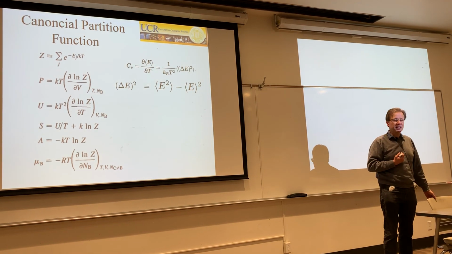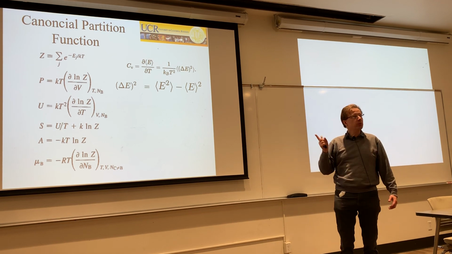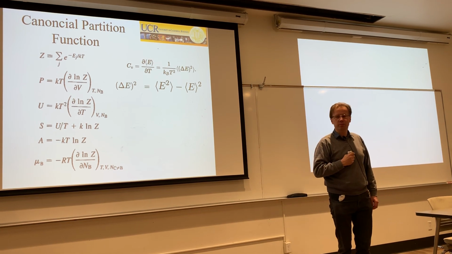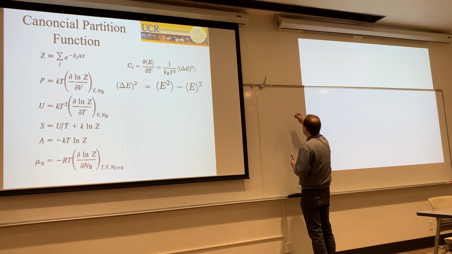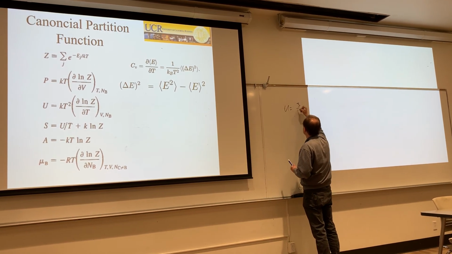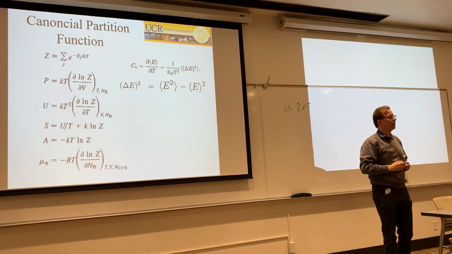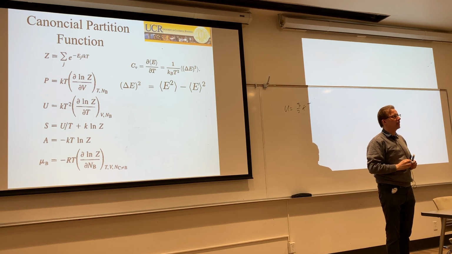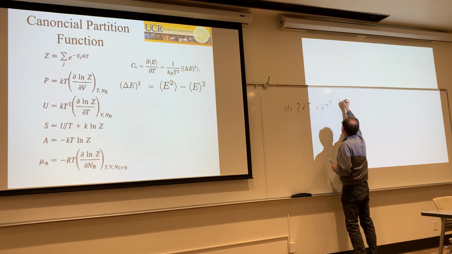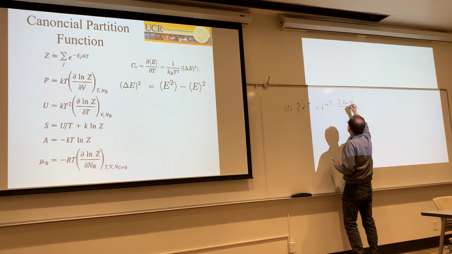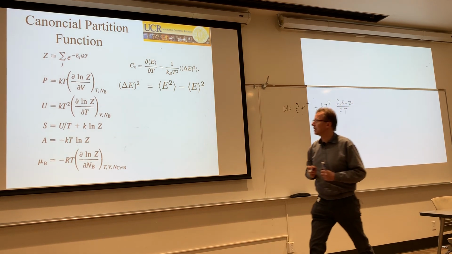Does it mean statistical mechanics doesn't apply? No, it does not mean that. It just means that we need a different way to get our Z, which isn't really so bad. Because for the internal energy, U, we know from gas theory that it is 3/2 kT, correct? That is what we derived for the translation energy. And we also know that it is kT squared d ln Z by dT. We know both of these things.